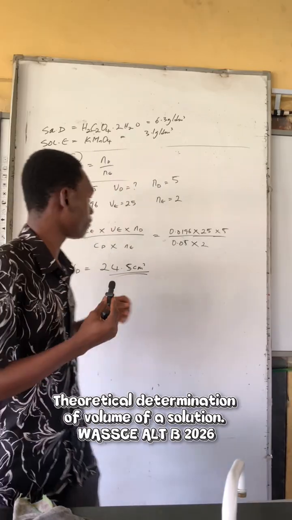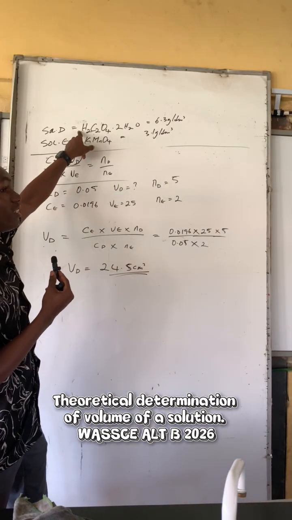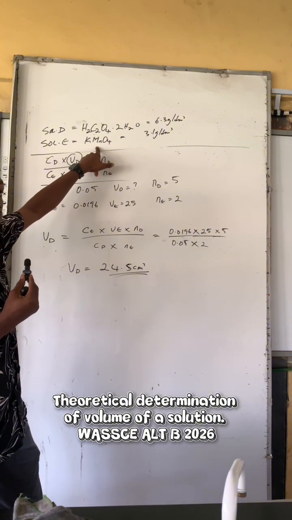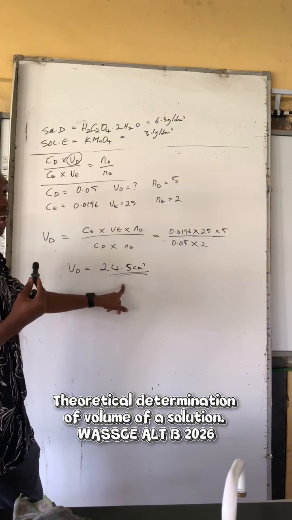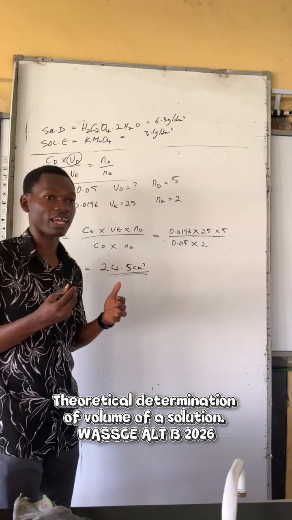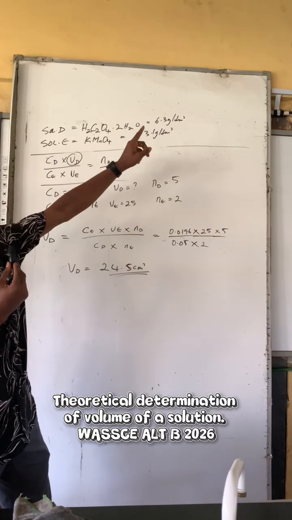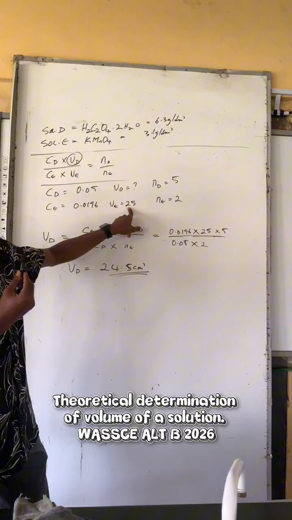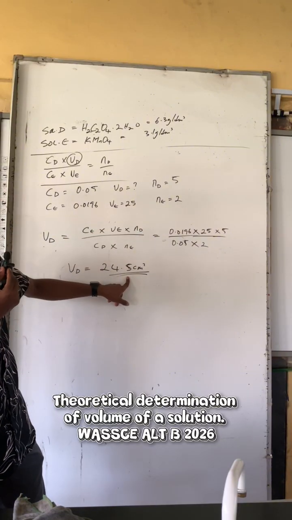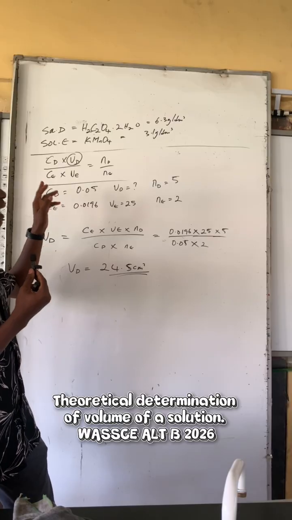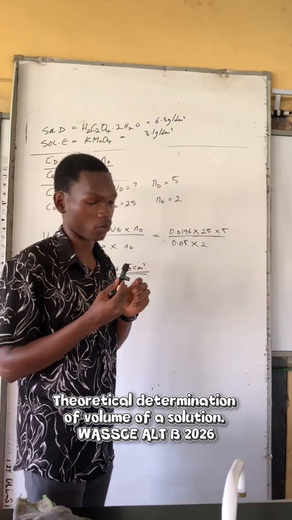So either of them, 25 cm cube will be used for the acid, and after the titration, KMnO4 will be 24.5, or the other way around. So if the volume of one of them is 25 on the pipette, the other one will be 24.5. That is the ratio between both of them based on the concentration that we just calculated.